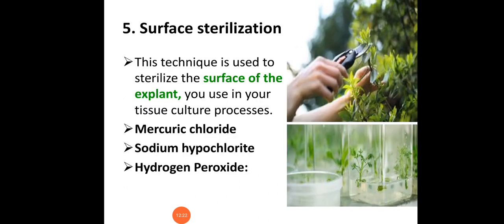And the next one is surface sterilization. In plant tissue culture, this technique is used to sterilize the surface of the explant. So here meristem or leaf pieces can be used in your tissue culture process. After cutting the tissue, it is soaked in particular solutions like mercuric chloride, sodium hypochlorite, or hydrogen peroxide.